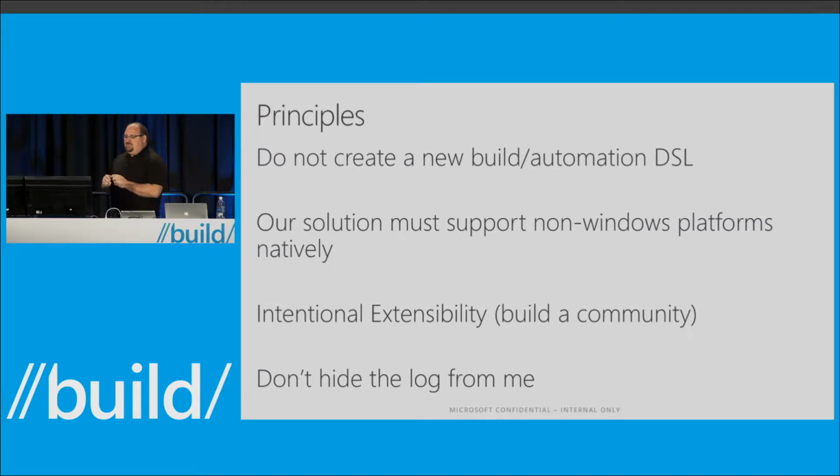We have to support non-Windows platforms natively. We must have a native cross-platform story. And we have that, and we will take a look at that. I wanted to have an intentional extensibility model, meaning some very straightforward way for you or some tool vendor or the community to create a new tool runner or task for the system and deliver it in a way that you can install into your server and make use of very easily.